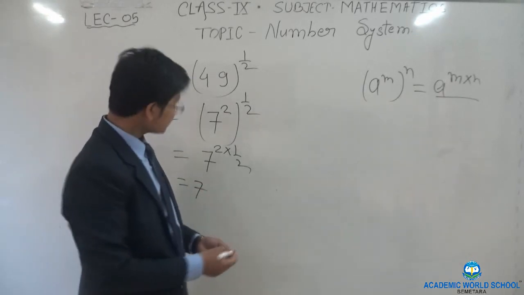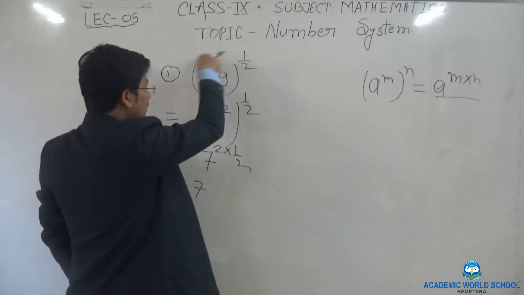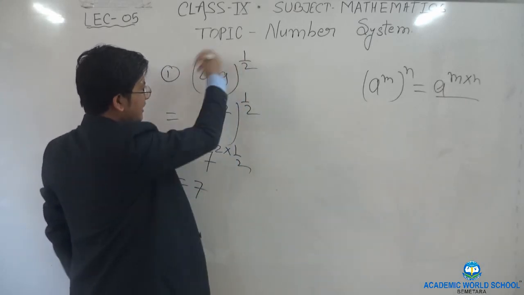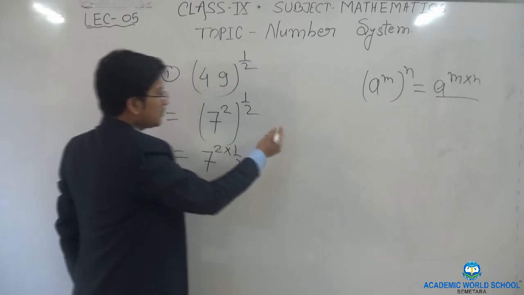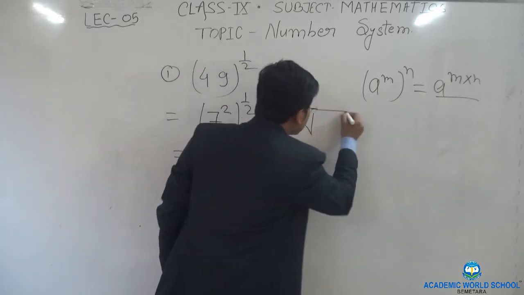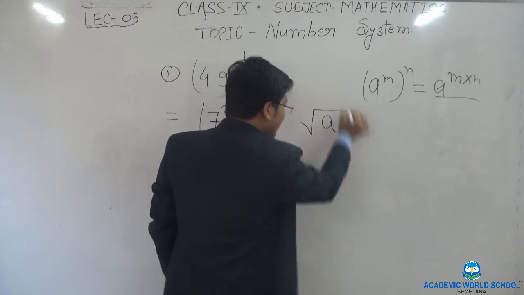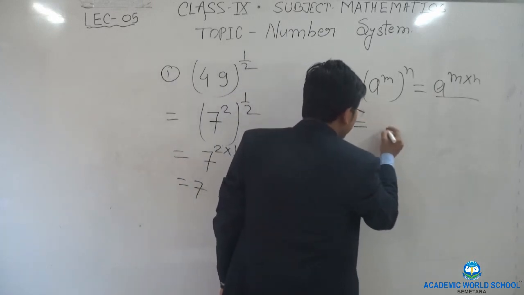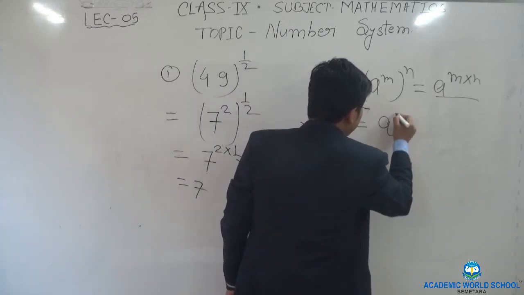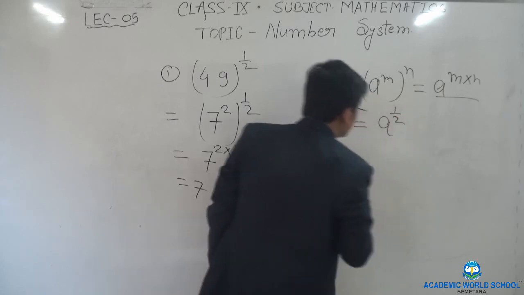Now on this topic, what I am trying to say is, if I am writing root over a, it means I am writing a to the power 1 upon 2.